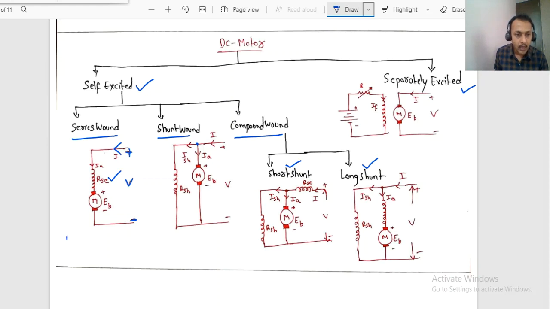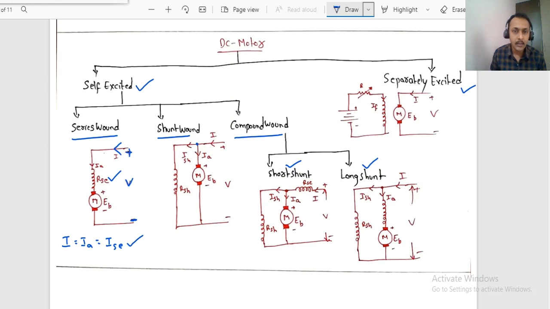The current flowing in the armature and in the series field winding, the applied voltage to the motor, and the current drawn by the motor are all the same in series wound.